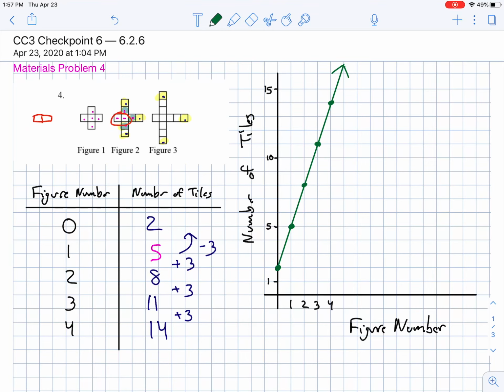Well, we know from when we were still working on this in class together that the equation takes on the form y equals something times x plus something else. This is where we start, or how many tiles are in figure 0, and this is what it is growing by. This is the growth.